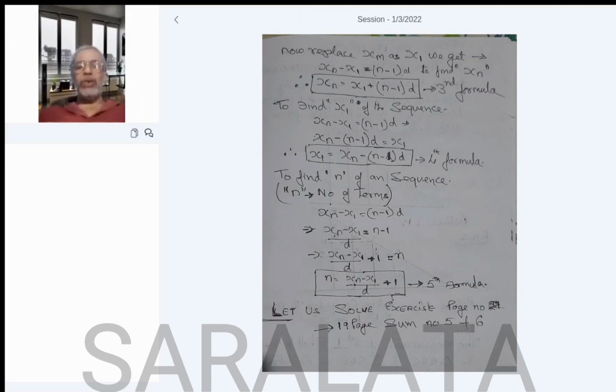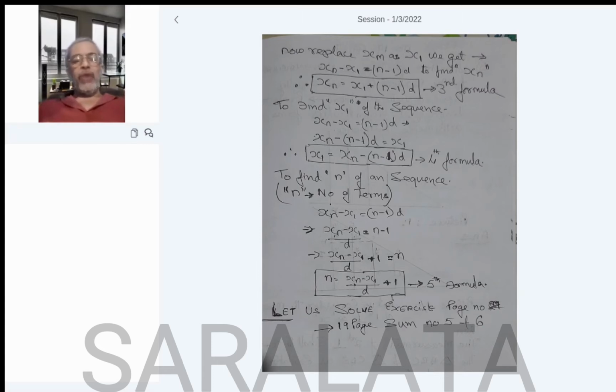So xn is equal to x1 plus, because when I shift my x1 from the left-hand side to the right-hand side, the minus x1 becomes a plus x1. So xn is equal to x1 plus (n minus 1) into d.